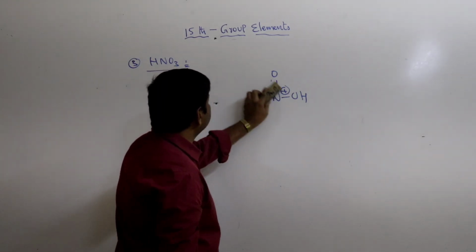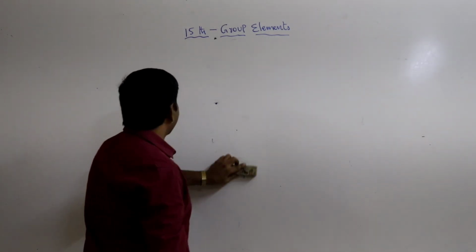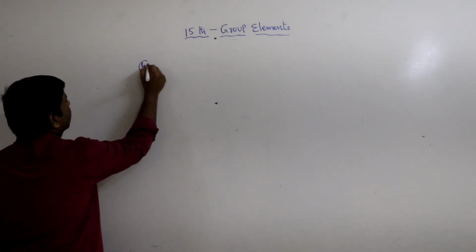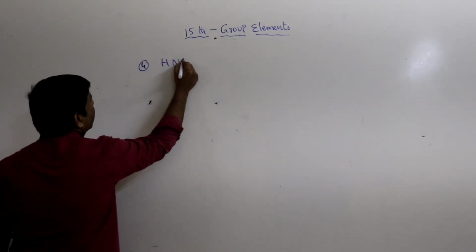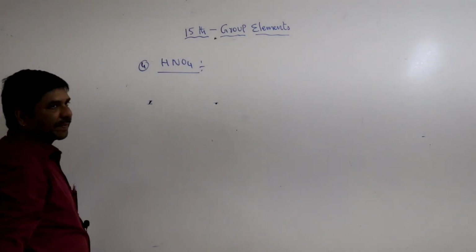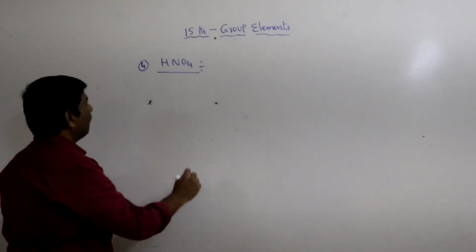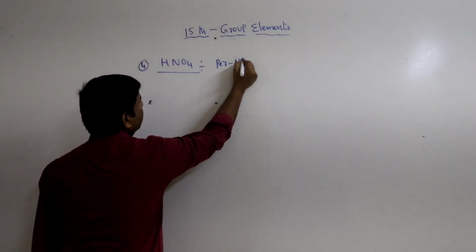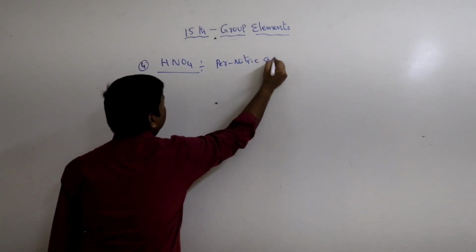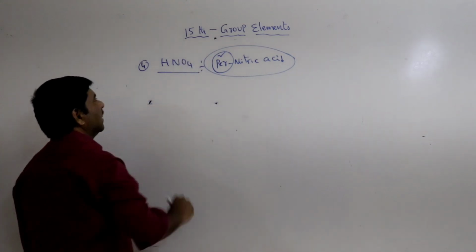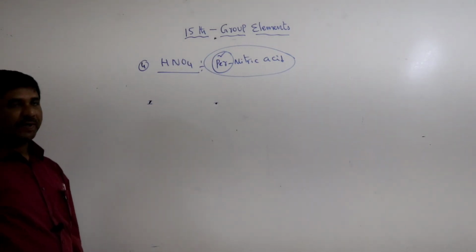That is about nitric acid. Another one is pernitric acid, with formula HNO4. Why is it called pernitric acid? It has a peroxy bond.